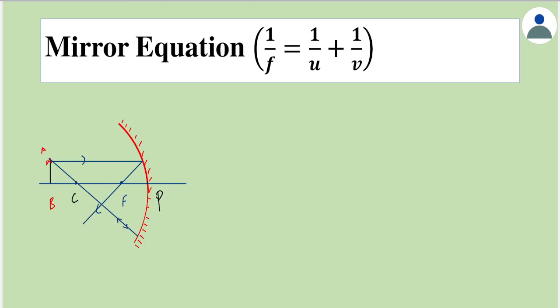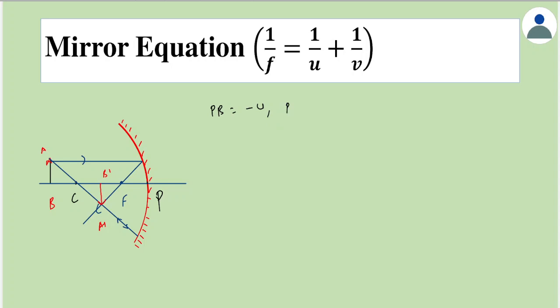This point here is where we get an inverted image like this. We call this A dash B dash. Here, PB is the distance between the object and the pole, and by sign convention this would be minus u.